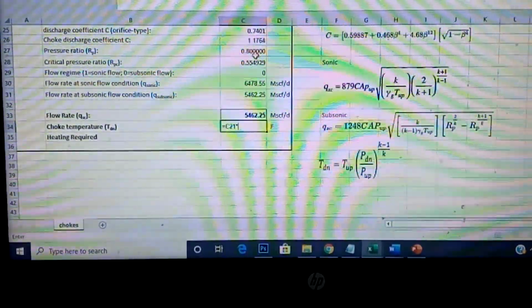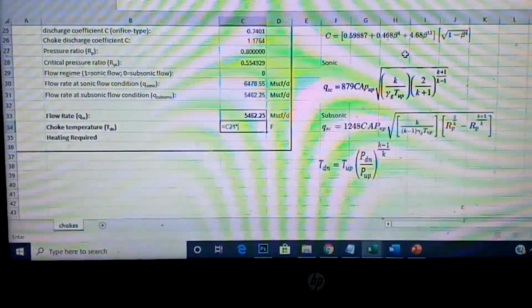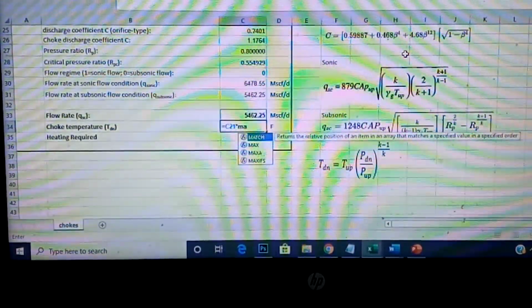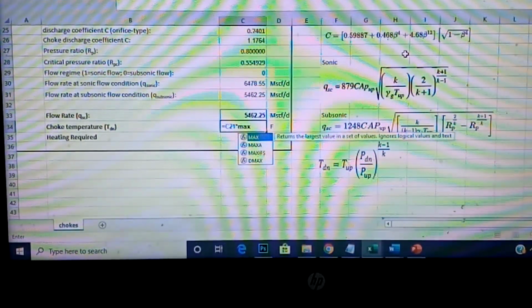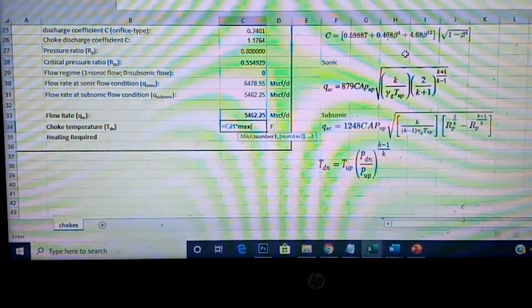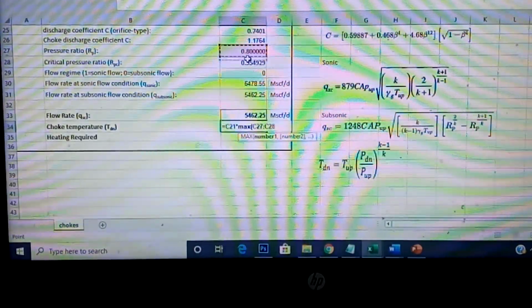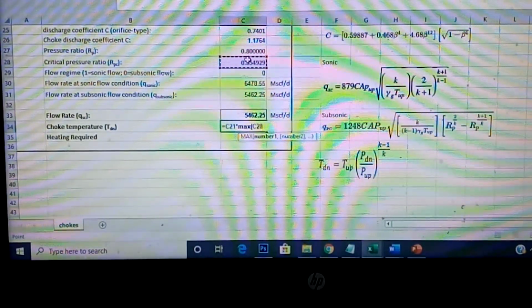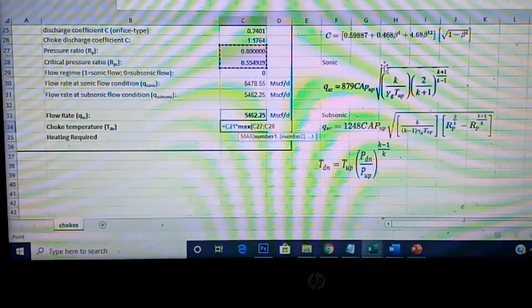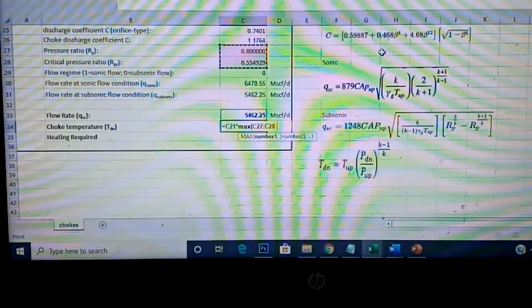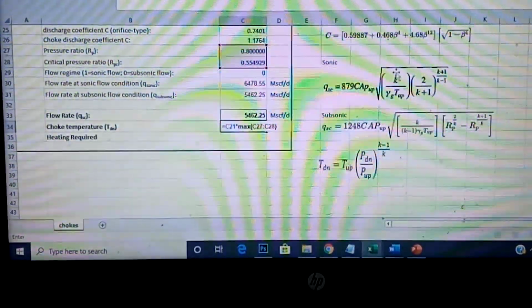It's going to choose whichever one is greater. So I'm going to say maximum, MAX. I open the bracket. So I have to tell maximum of what? I will highlight the two. Maximum of this and this. Okay? Maximum of this and this. Then I close the bracket. So Excel is going to choose whichever one is higher.